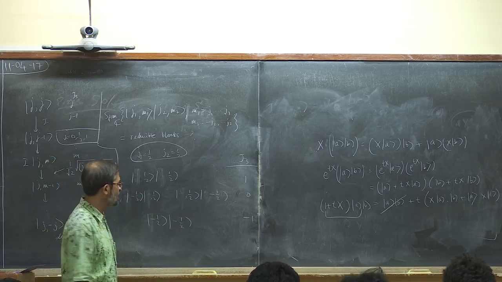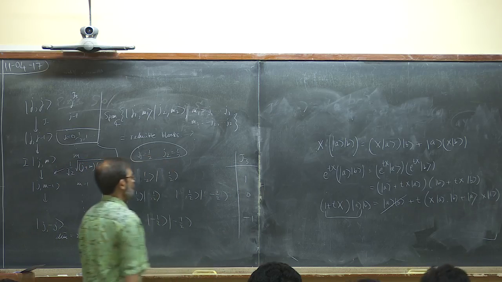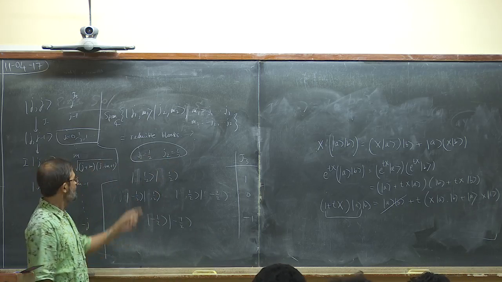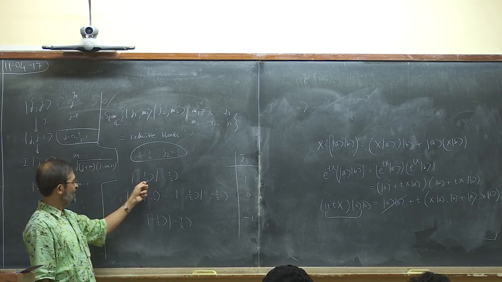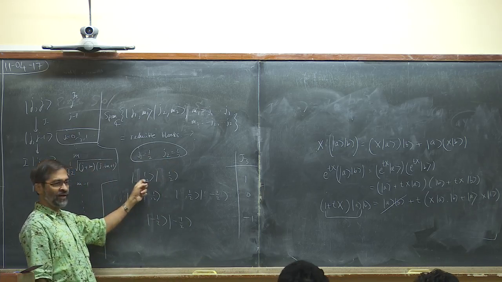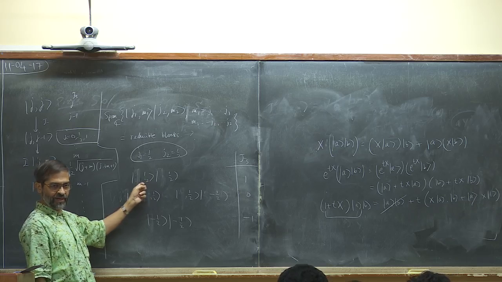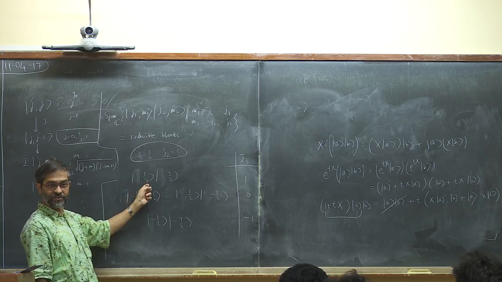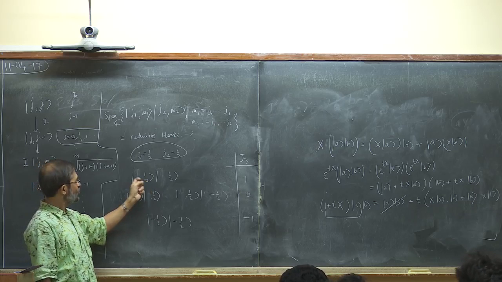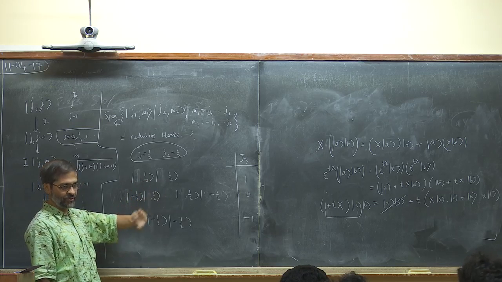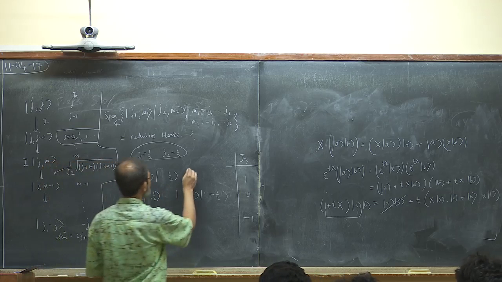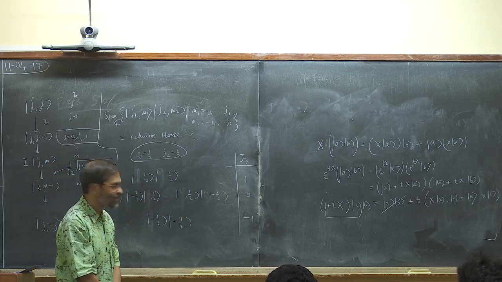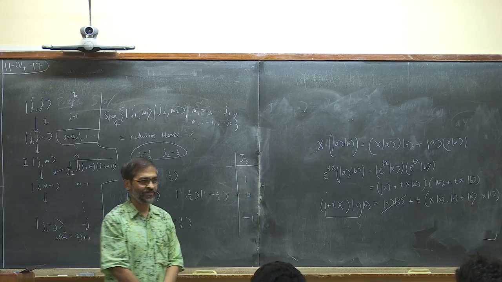Now I claim that J plus acting on this gives 0. J plus acts by the Leibniz rule, and J plus acting on half by definition is 0. So it's 0 on this, 0 on that, so it's 0 altogether. Therefore it's clearly the highest weight state with weight 1.